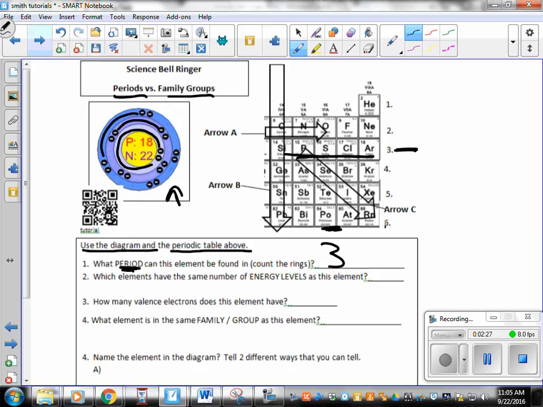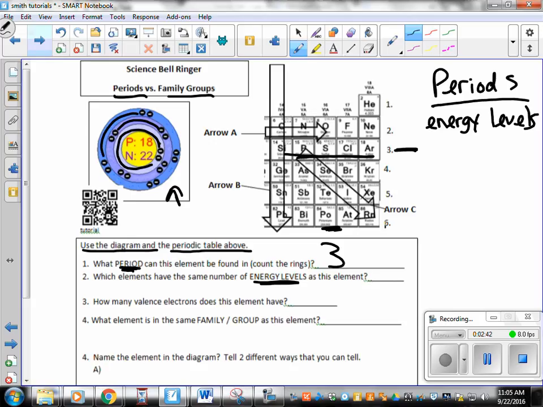Which element have the same number of energy levels as this element? So periods on the periodic table tells you the number of energy levels. Energy levels means the rings there. Instead of rings, it may call them shells. It may say the orbits around it.